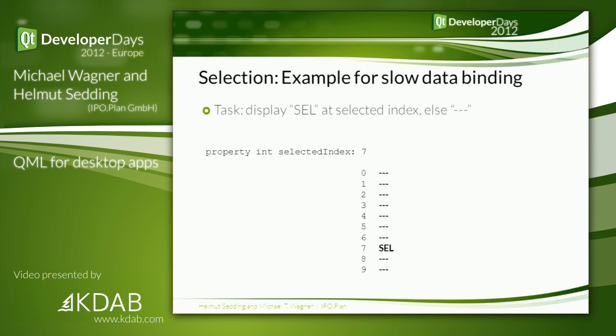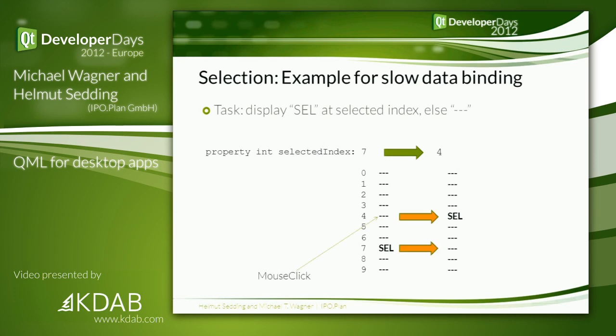Okay, let's say we have a list of items, and the selected item should be marked with a cell. And when I click on another item, this item shall be normal again, and the other one shall be selected. It means I have a selected index stored centrally, and it's changing from 7 to 4.